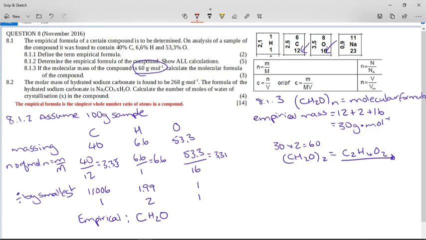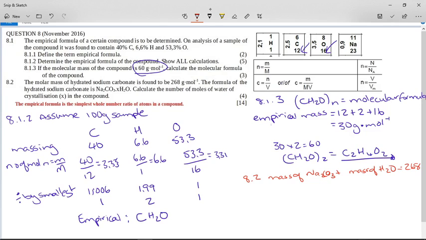So if we wanted to find the mass of sodium carbonate with the hydration, it will be the mass of the sodium carbonate plus the mass of the water. So this is going to equal 268.